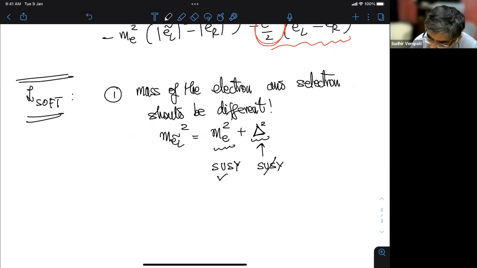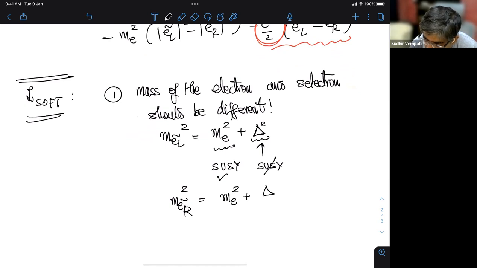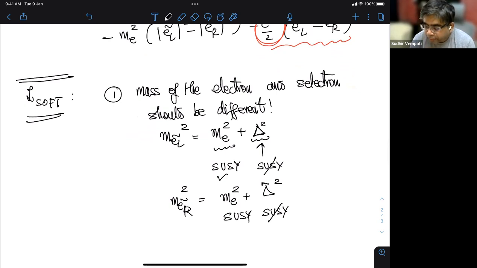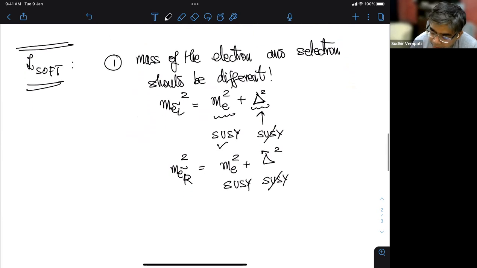And similarly, you add for the right-handed sector, m_e squared plus another delta. We'll come to qualify this delta in a second, which is also SUSY breaking. So in principle, you can add a mass term for every scalar particle, for every scalar partner of any matter particle.